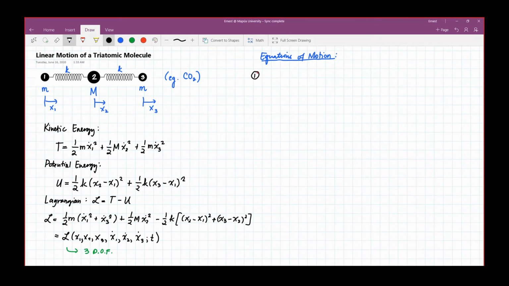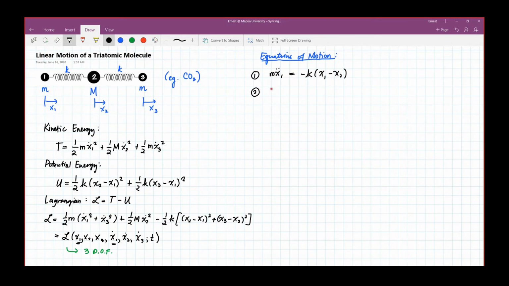The first equation of motion, associated with x1, would be m x1 double dot equal to negative k times x1 minus x2.